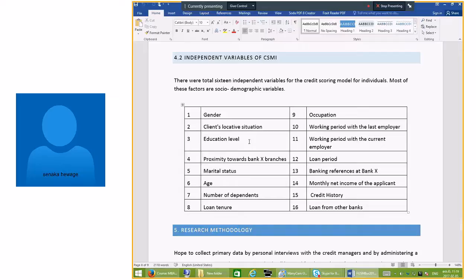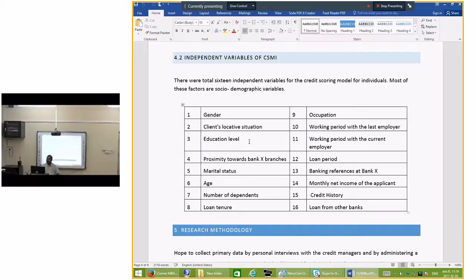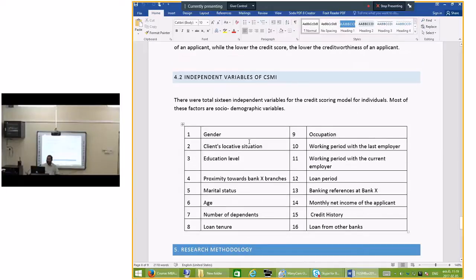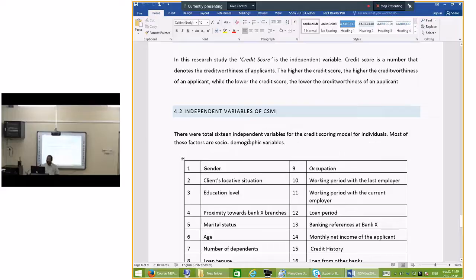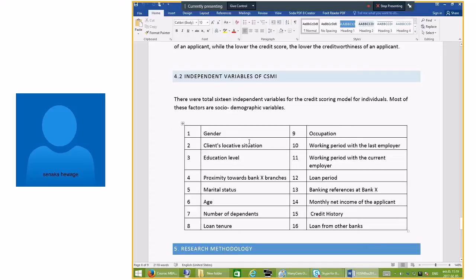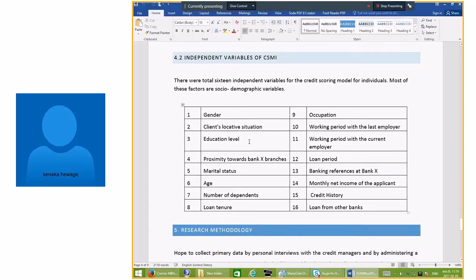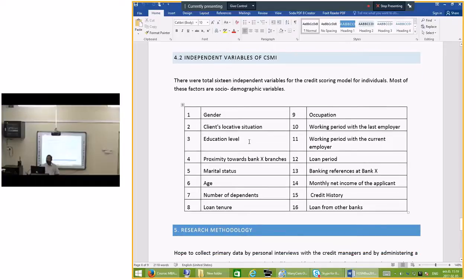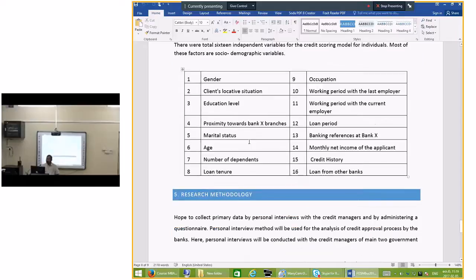Is there any index they prepared the model from, or are you going to prepare one? No, at present there are 16 variables. Okay. You re-evaluate those variables? Yes, sir.